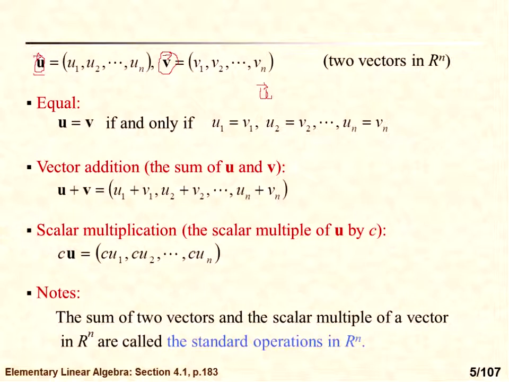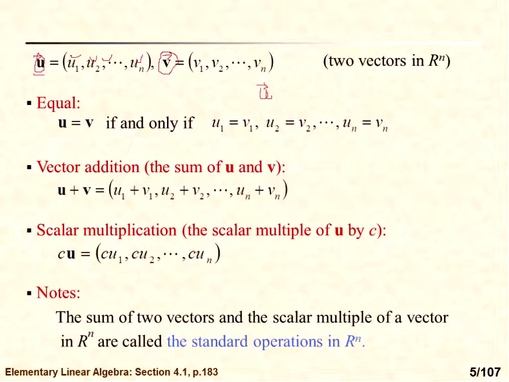So a vector can be defined, for example, in 2 dimensions as u1, u2. If it is in 3 dimensions, then we define u1, u2, u3. If n dimensions, we define u1, u2, up to un. So these are the tuples of the vector.